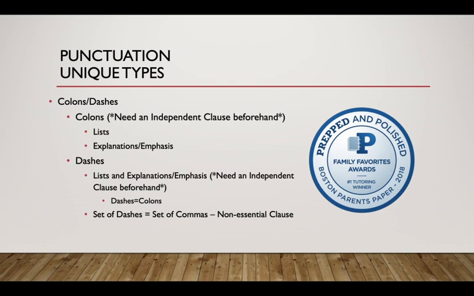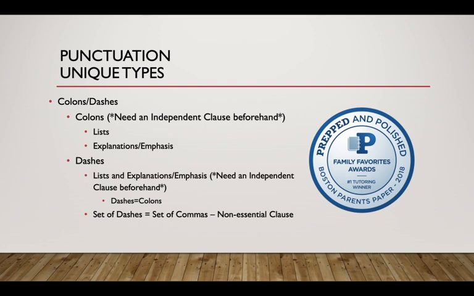Now, dashes have two functions, though I like to say three, and those are lists and explanations or emphasis, which sounds like what we were just talking about with colons. And that's the case: in some instances, when a dash is used for a list or an explanation or emphasis, it's the same as a colon.